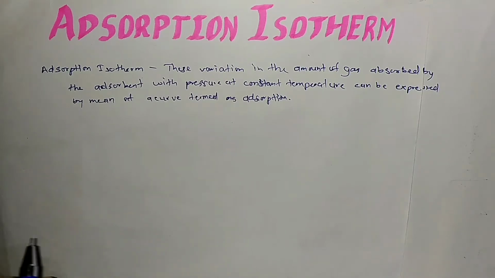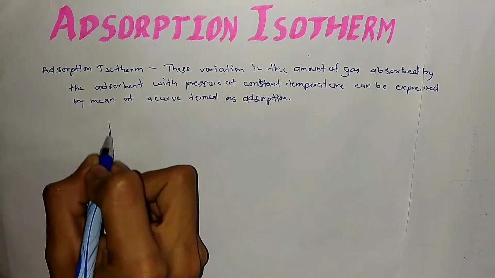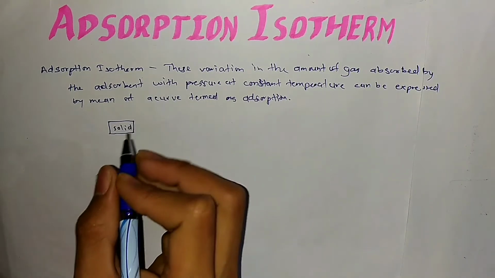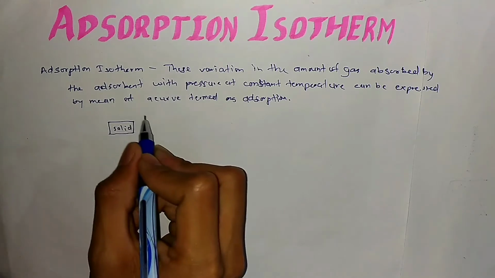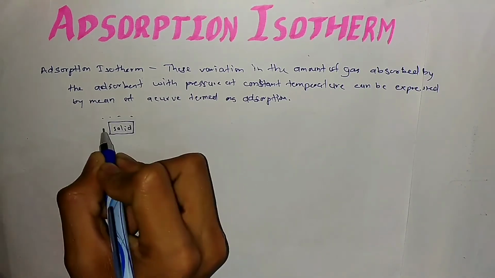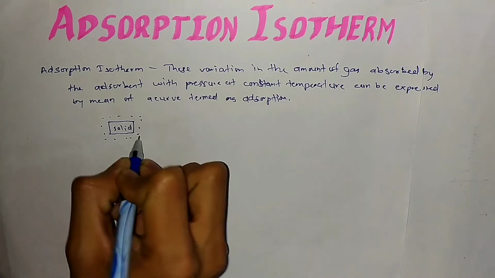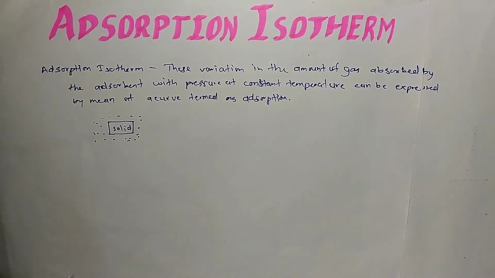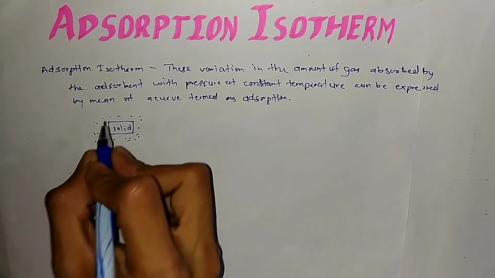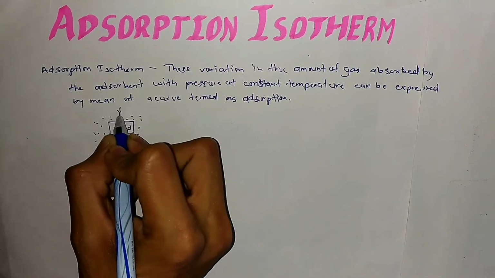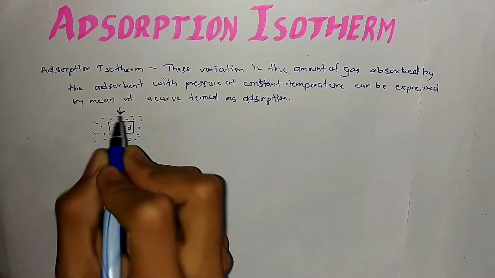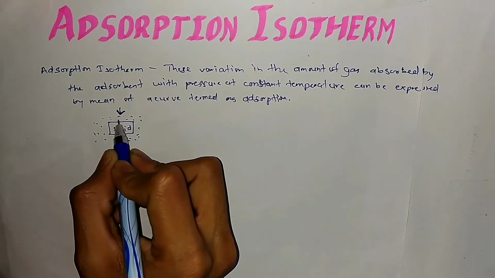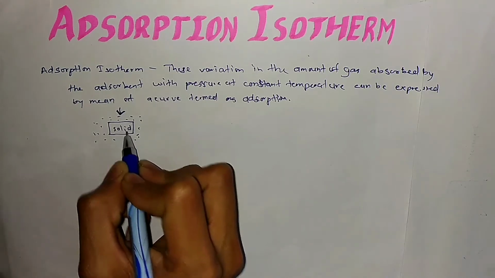Let's see how it happens. This is the solid. There are so many gases present in the environment. If we put pressure in this direction, the adsorption of gases on the solid surface takes place.